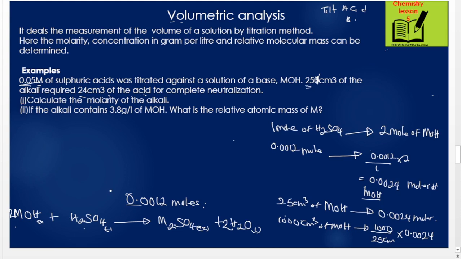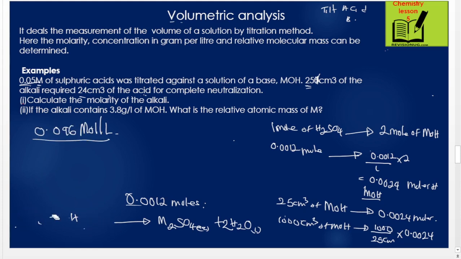This is going to be 1000 divided by 25, times 0.0024. What are we getting? We get 0.096. So this is molarity, moles per liter. So that is our first question.